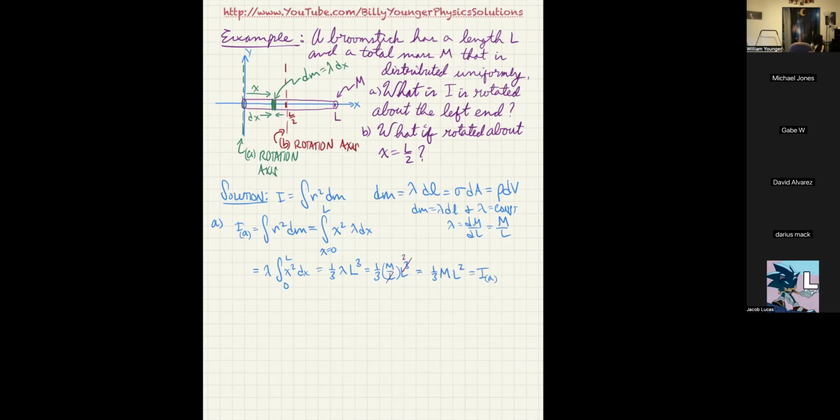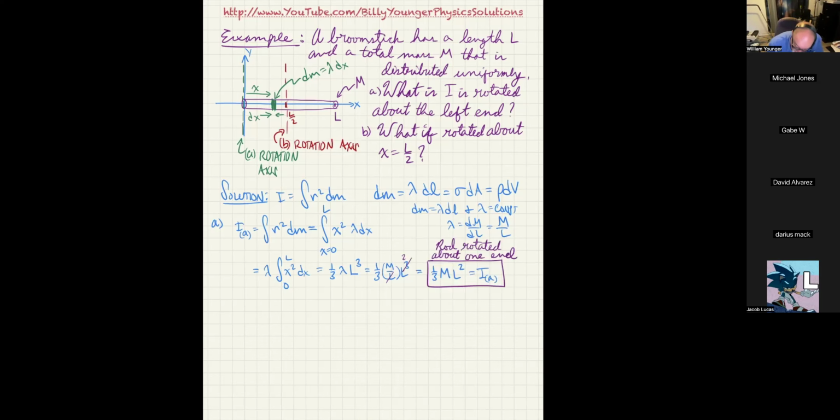And that is the moment of inertia for a rod rotated about its end. Okay, and that exactly matches the table that I told you about.